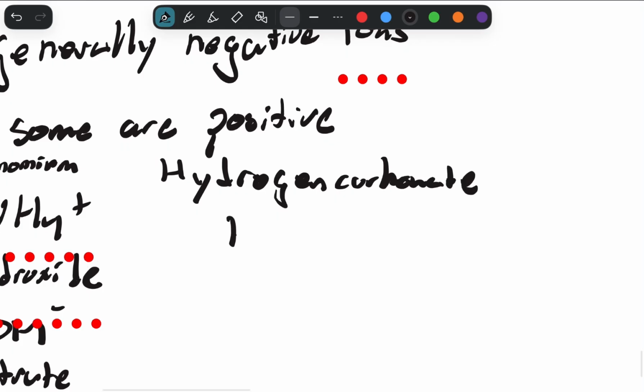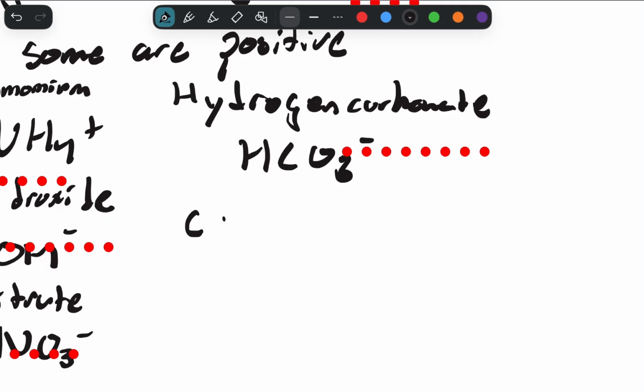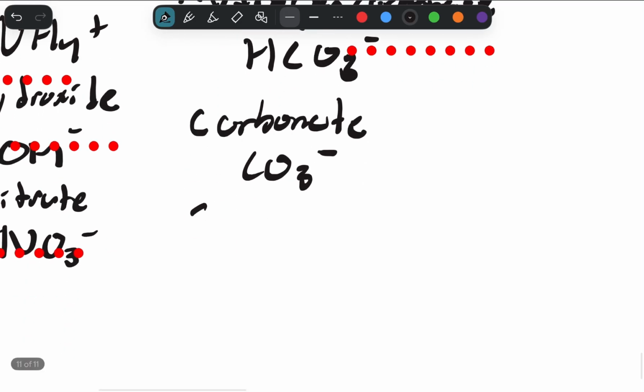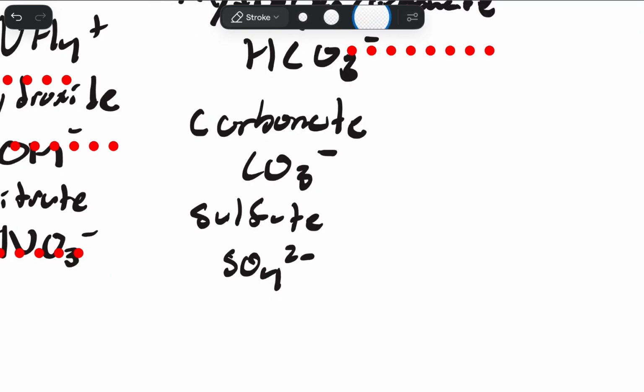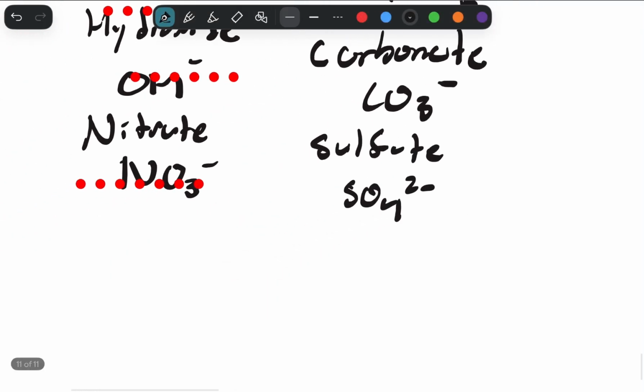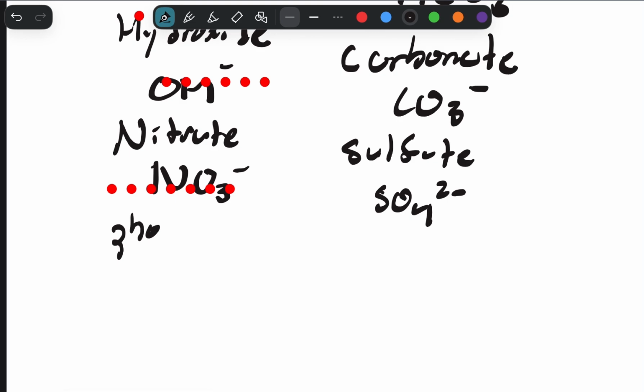Hydrogen carbonate, which is HCO3 minus. Carbonate, which is CO3 2 minus. Sulfate, which is SO4 2 minus. And phosphate, which is PO4 3 minus.